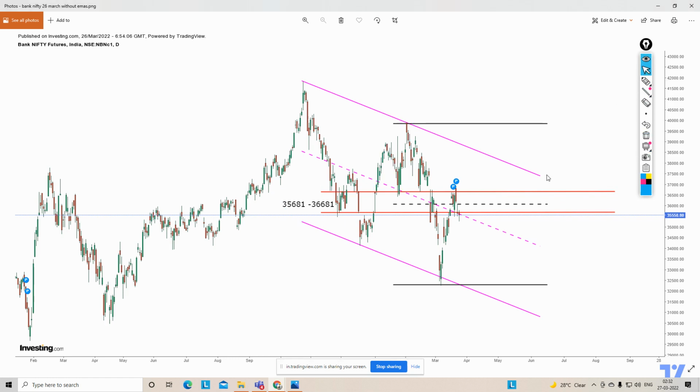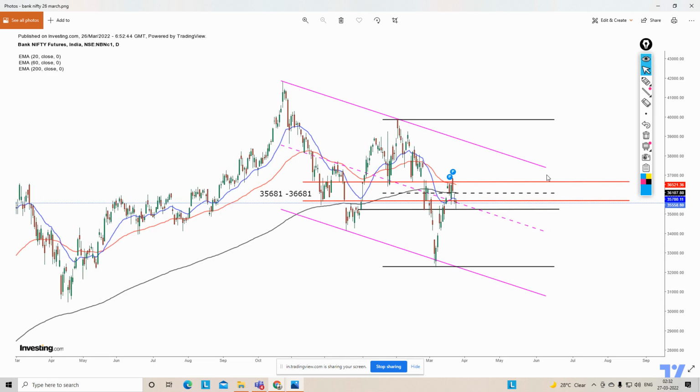Now, the second thing which we have to look into in Bank Nifty: it has not just closed below the 50% of both the trends, it is also closing below the 20, 60, and 200 exponential moving averages. The 20 we are considering as good as the monthly, with 20 trading sessions. 60 is as good as 2 months, and 200 is as good as the 52-week or yearly bandwidth.